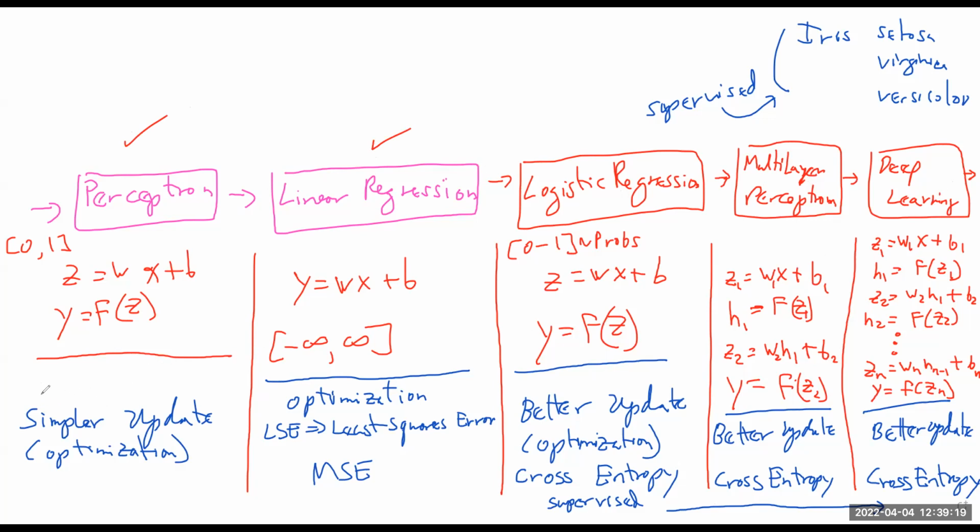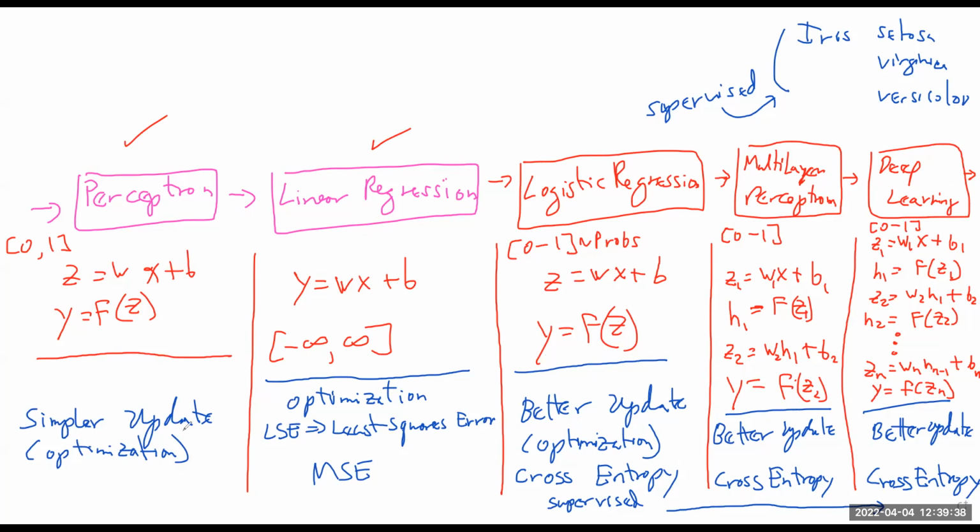But before I talk about optimizations, I also want to say, this is 0 to 1. Remember, these are 0 to 1, not 0 or 1, as in the perceptron.